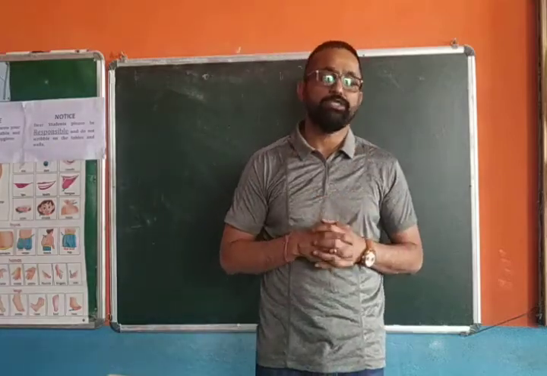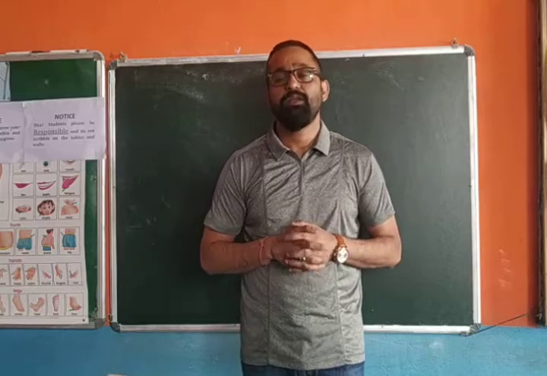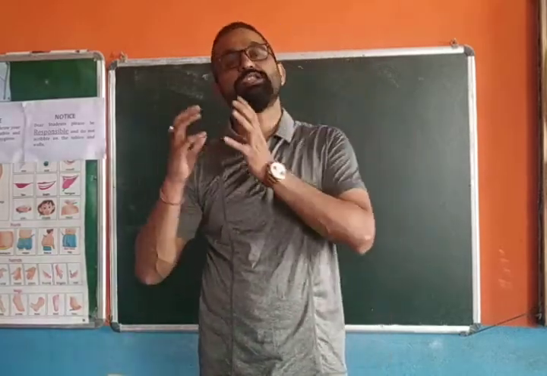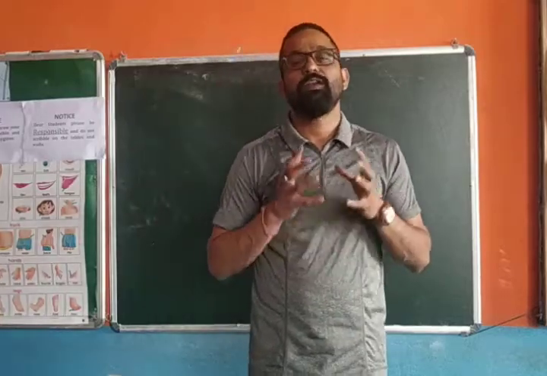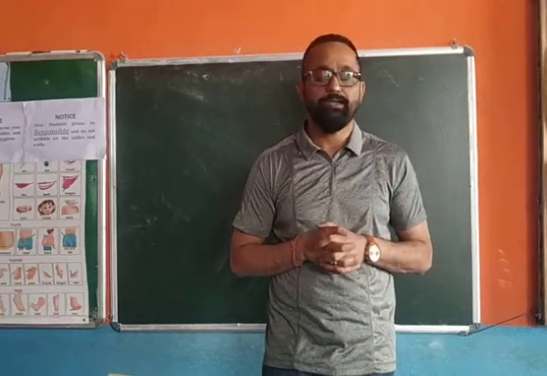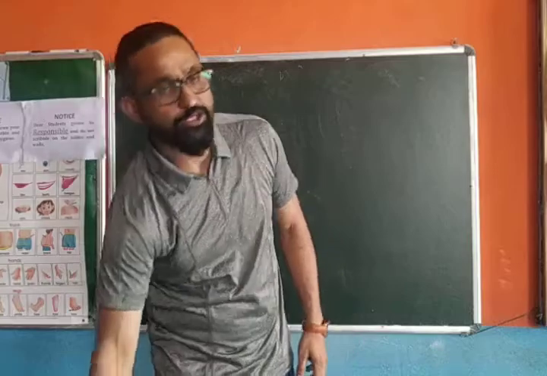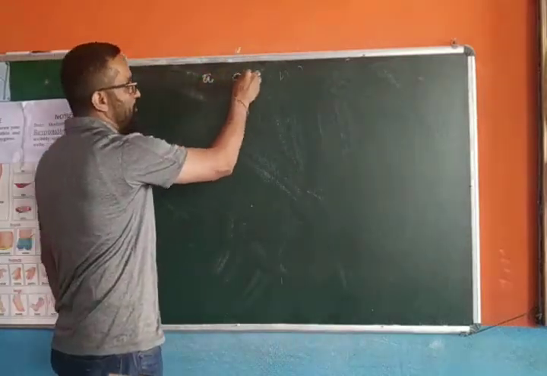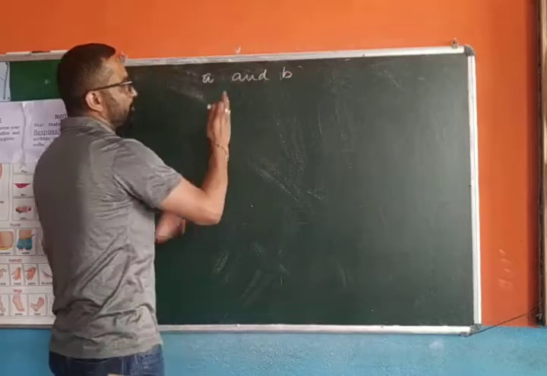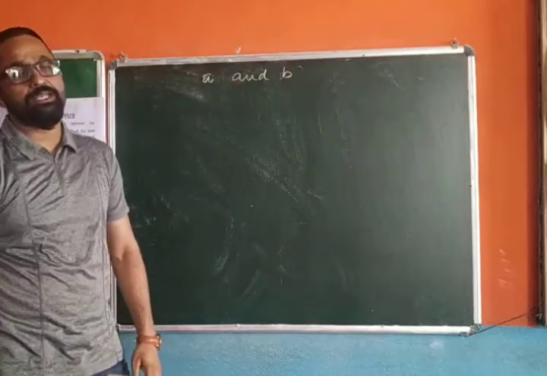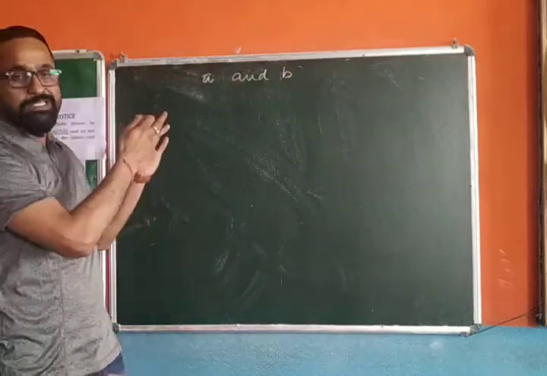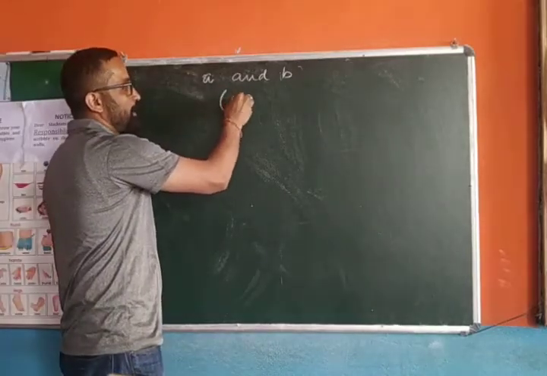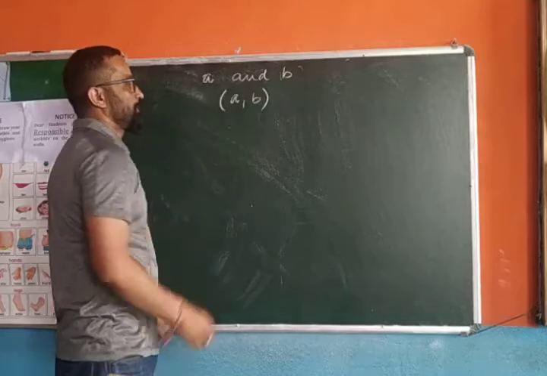The first one is ordered pair. The pair of specific objects in specific order is called an ordered pair. So you take two specific objects A and B. If these two objects are to be represented as an ordered pair, we put them inside brackets: (A, B).